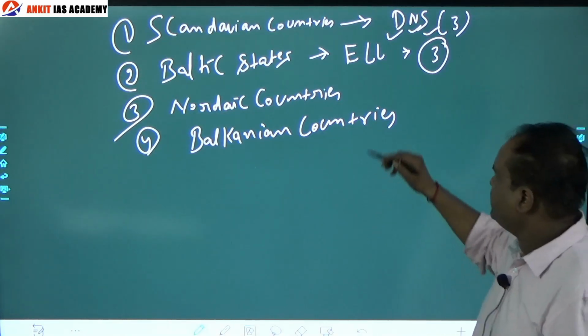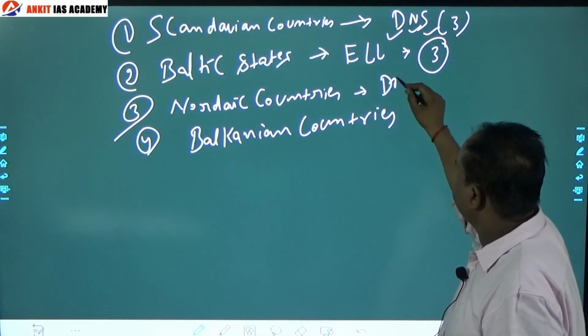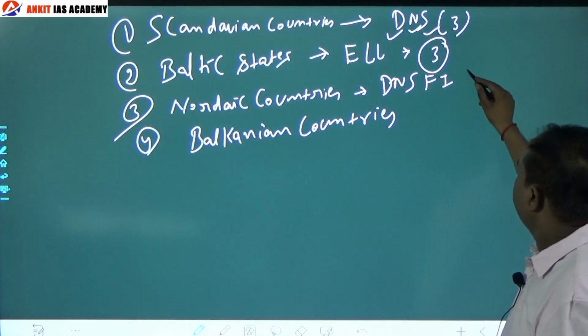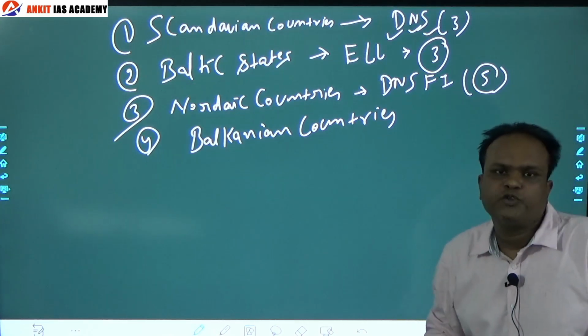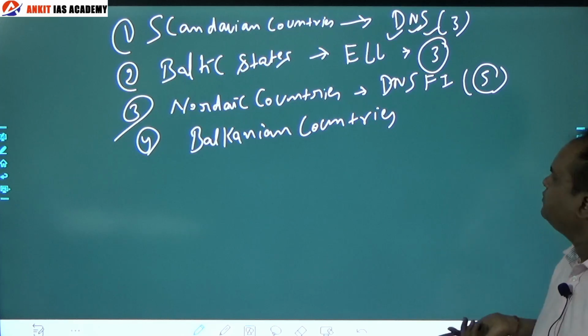Then Nordic countries, total 5: Denmark, Norway, Sweden, Finland, and Iceland.